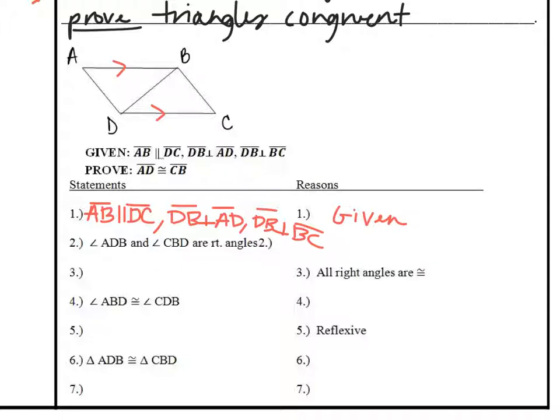I'm going to go ahead and mark this perpendicular stuff too. Because I know they're perpendicular, that tells me there are right angles there, which I'm going to draw in for DB and AD, and, excuse me, there we go, DB and BC.